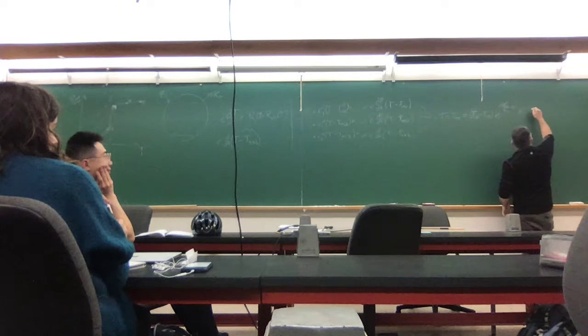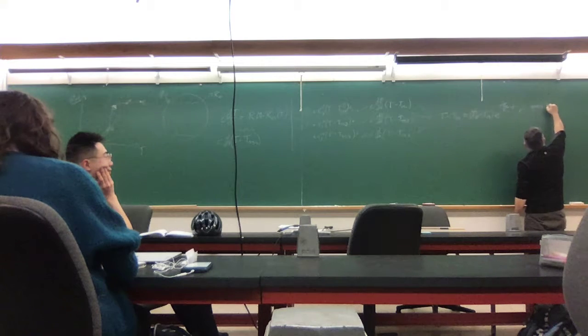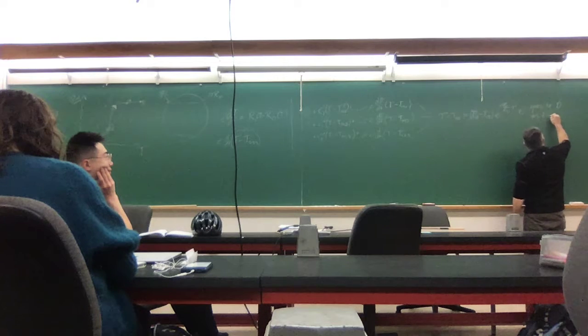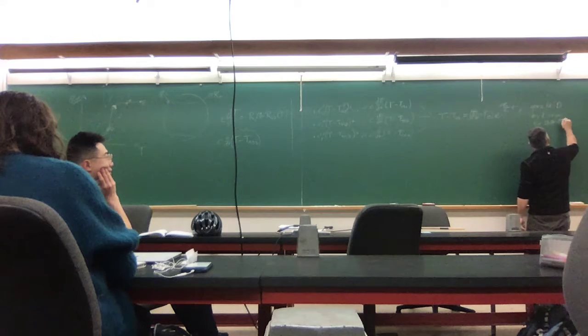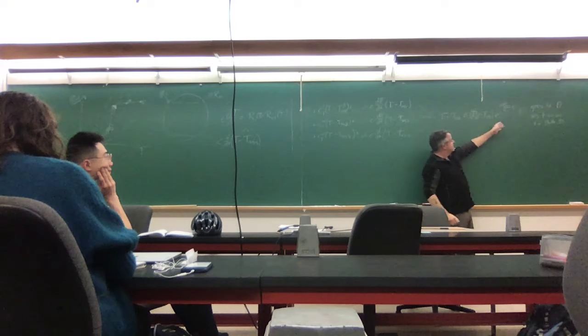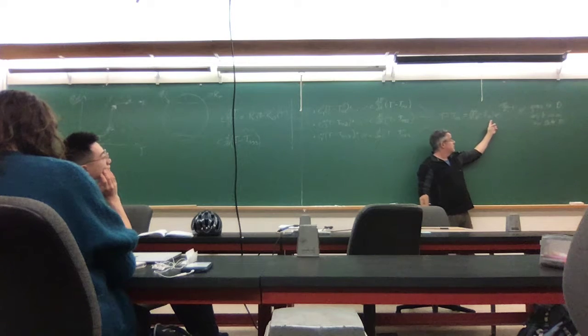So this goes to 0 as time goes to infinity for a stable steady state. Okay, so how do I make this side go to 0? This is a constant. This is a constant.